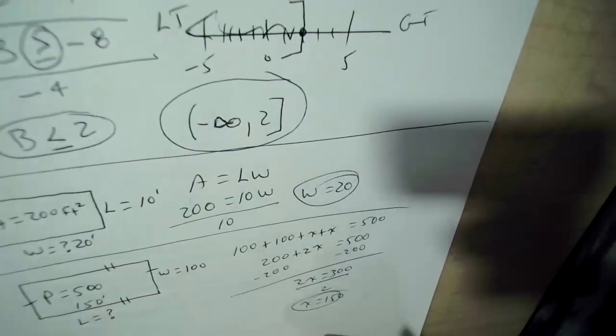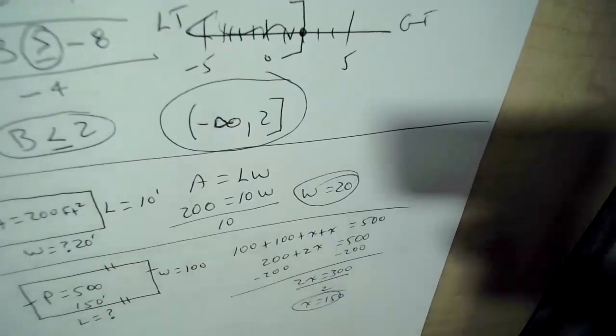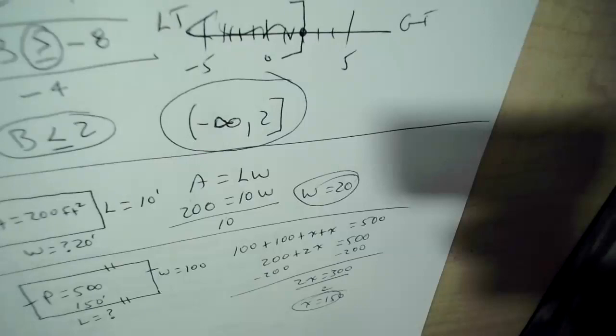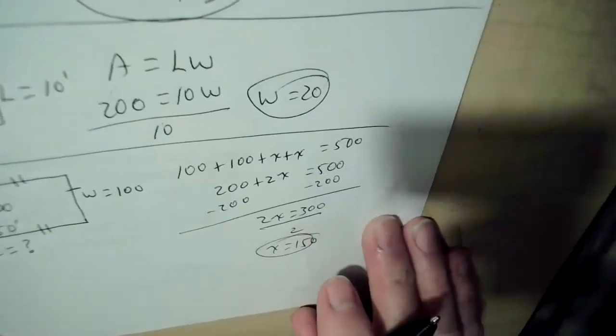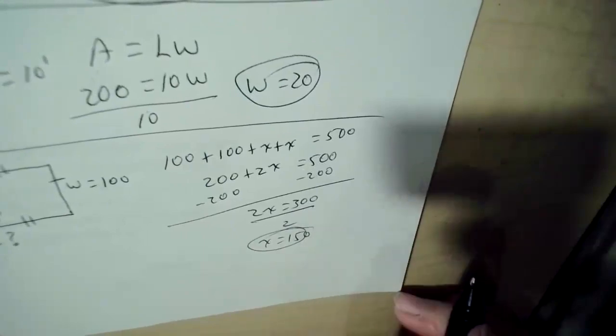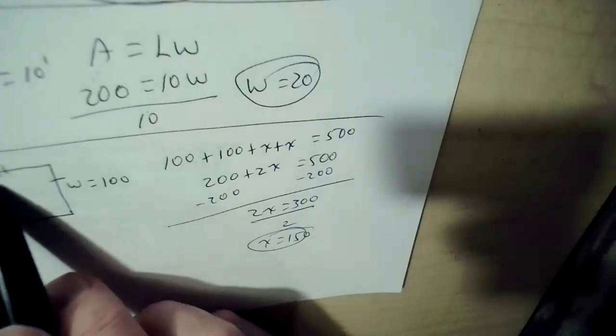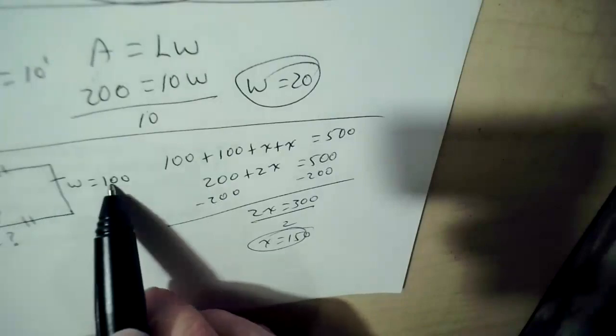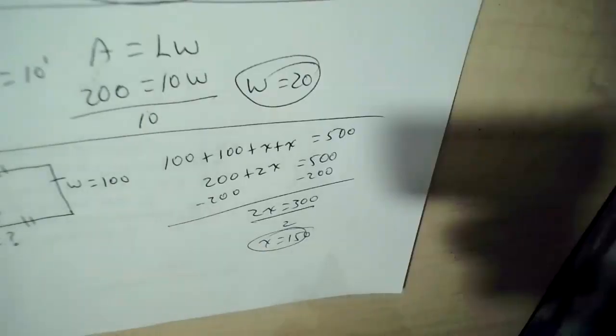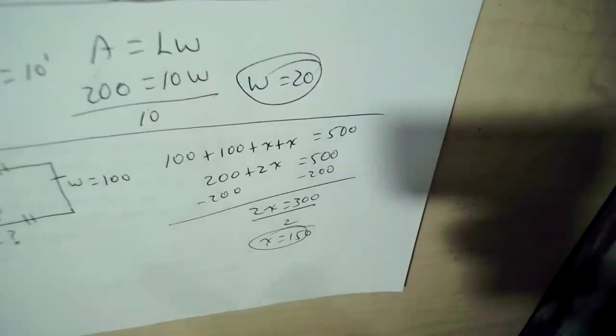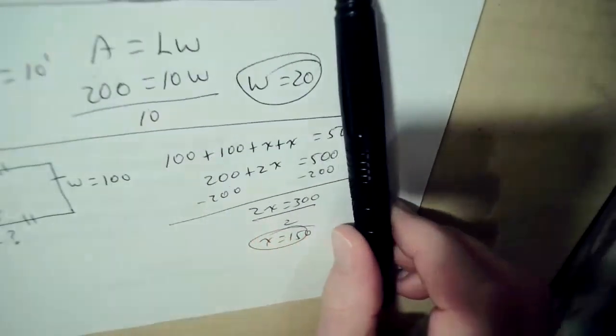Divide by 2, x is 150 feet. If you want to, you can check: 150 and 150 is 300, 400, 500. So we're correct. Any questions?